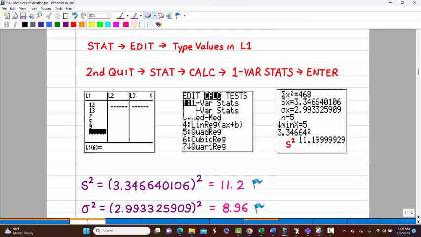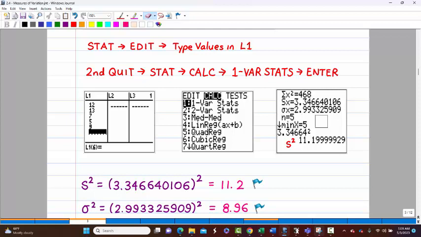One thing about this command is you don't get the variances, only the standard deviation. You see this Sx right here, the 3.3466, that is your sample standard deviation. And there's your sigma x right below, that's your population standard deviation. You can check back above in the notes, and that's what we got.